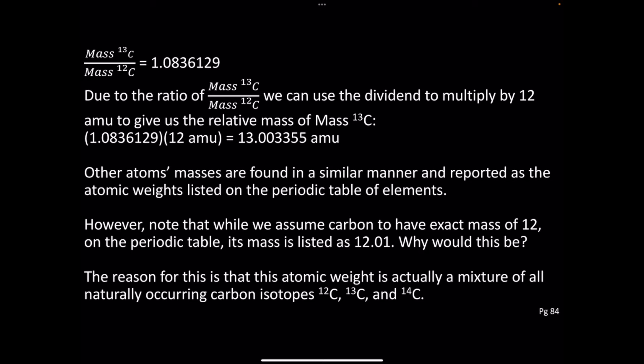No carbon atom has a mass of 12.01, but we take the average of the masses of all the carbon isotopes as they occur relatively in nature, based off of how often they occur, and that's the average that we use. Isotopes of a given element don't change property-wise, so we have to account for all of those isotopes when we're representing the mass.